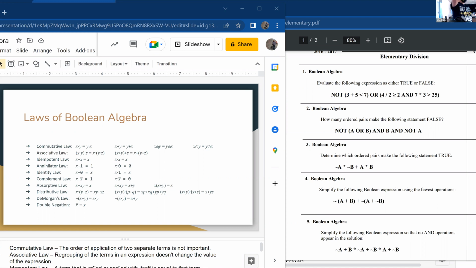I don't care what is in the parentheses, because this is true already. So that means true or something is always true, right? Once you resolve this part, you already have the result.